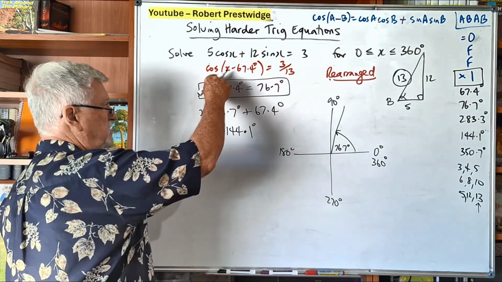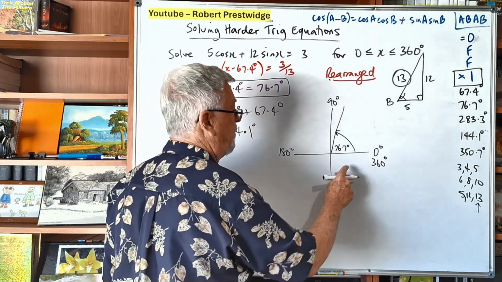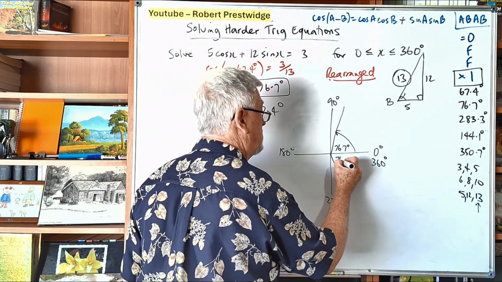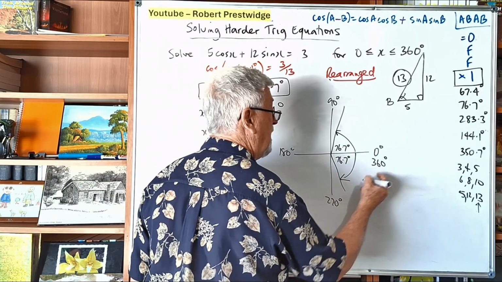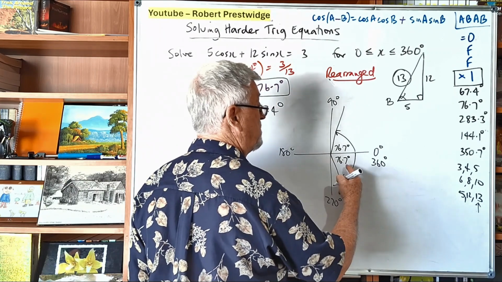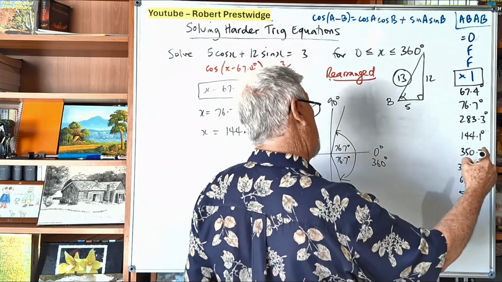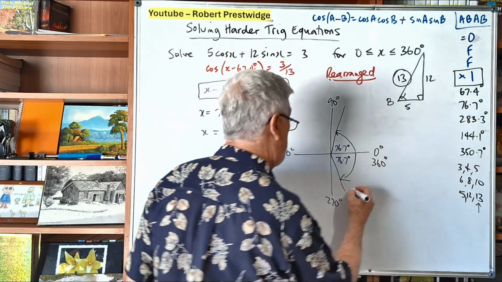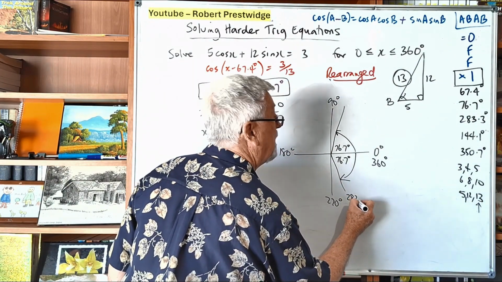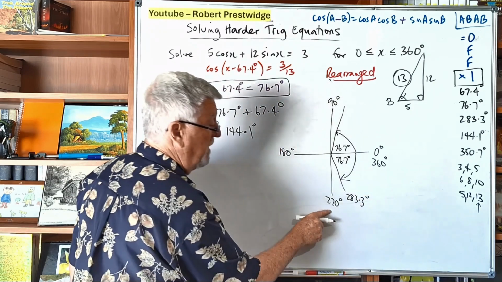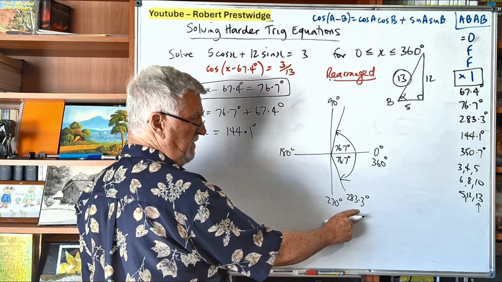We're talking about a cosine, and cosine is positive in the fourth quadrant. So we go down here, 76.7 degrees, and we end up with 360 minus that. I get this next angle here, which is 283.3 degrees. You can see it's a little bit past 270.